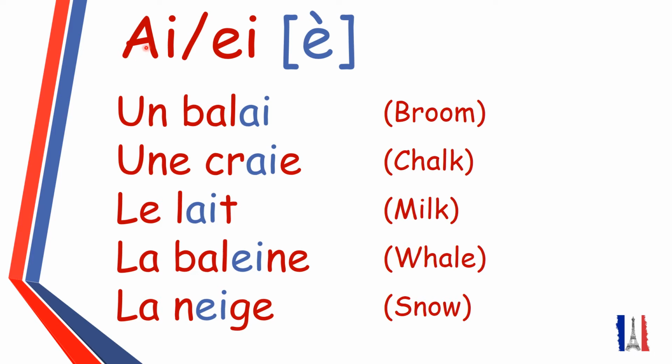If A and I are together or E and I are together, the sound would be è. For example, un balai, une craie, le lait, la baleine, la neige.